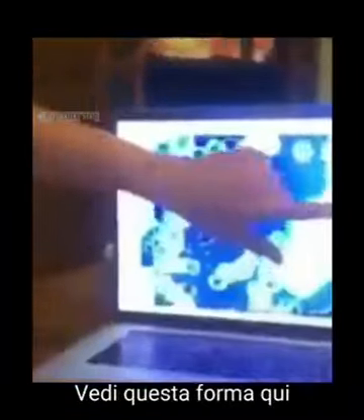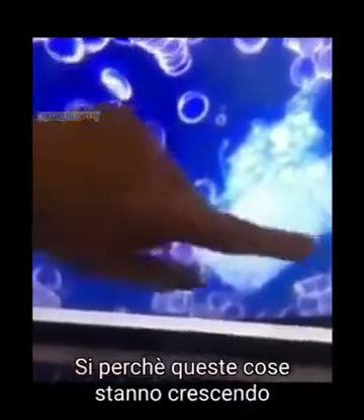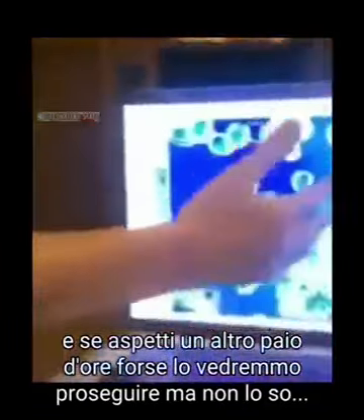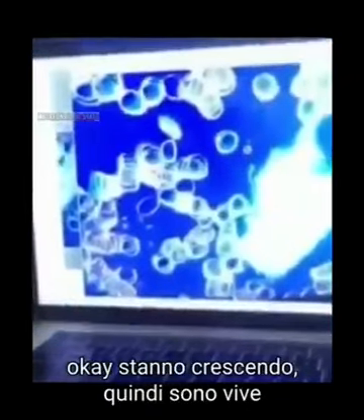Again, okay, what are we looking at? Yes, you see a similar thing. You see this thing with these again growing things out of it. Growing? Yeah, because these things were growing. If you wait another couple hours, there would be maybe more. They were definitely growing.